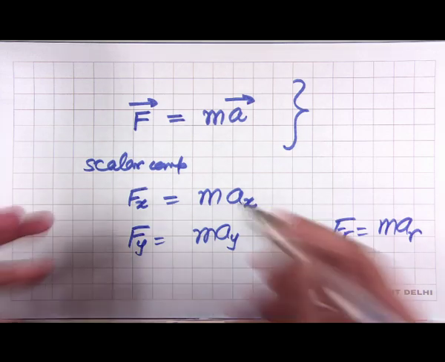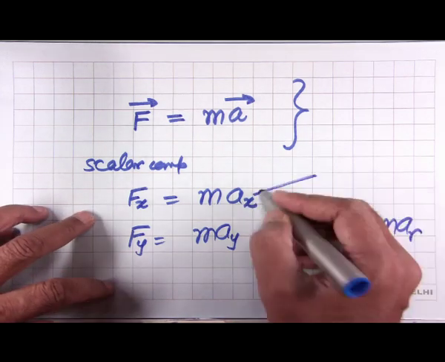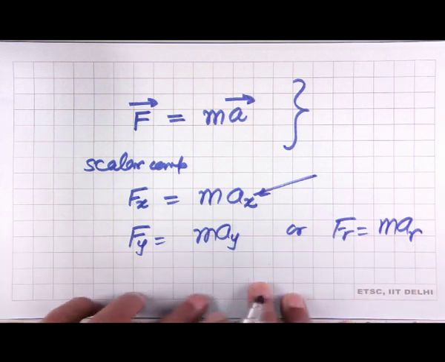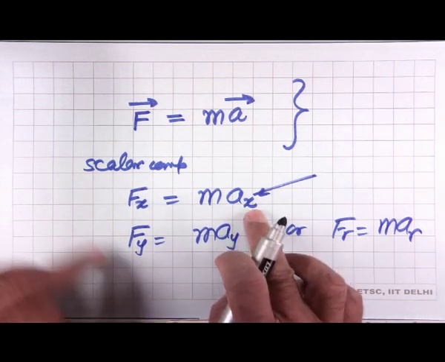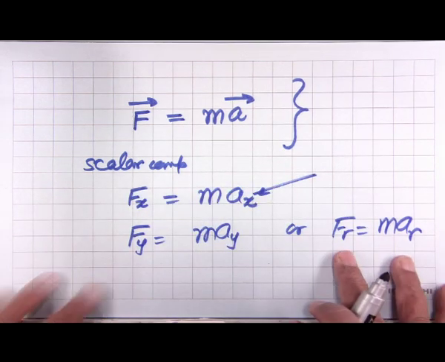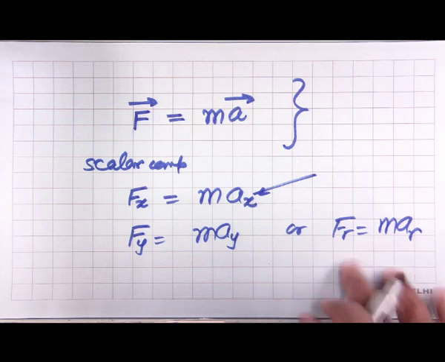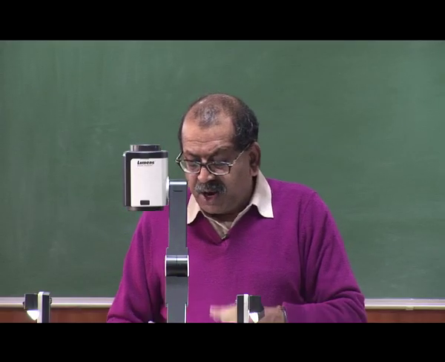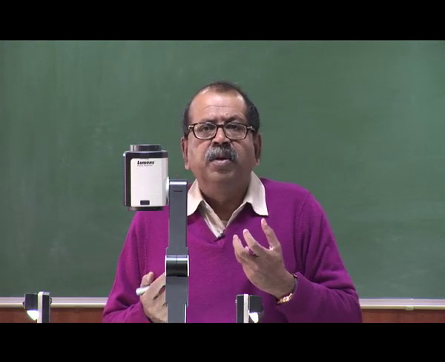In the problems which we saw, in one of the components, the y or the z component, the acceleration was 0, so the force is balanced out, and in the other direction we applied the equation F is equal to m times a and solved the problems.